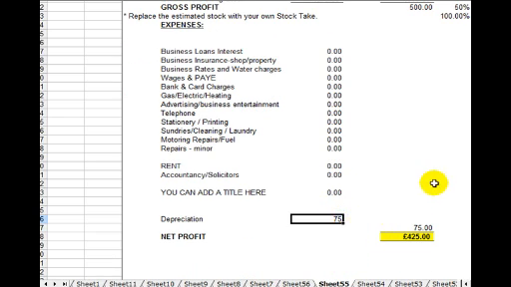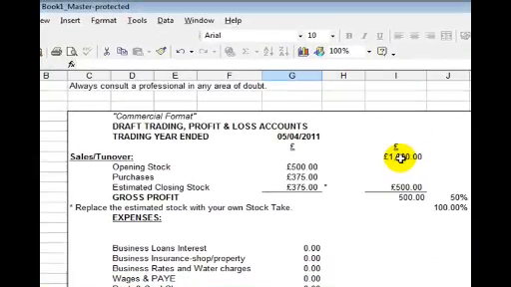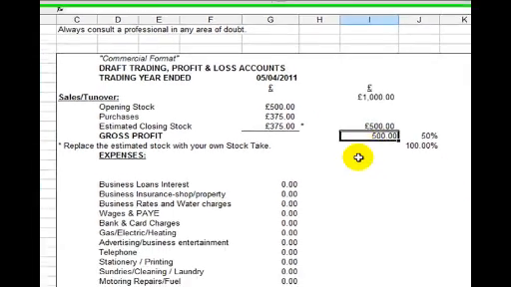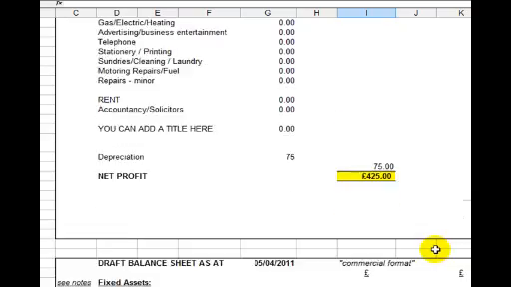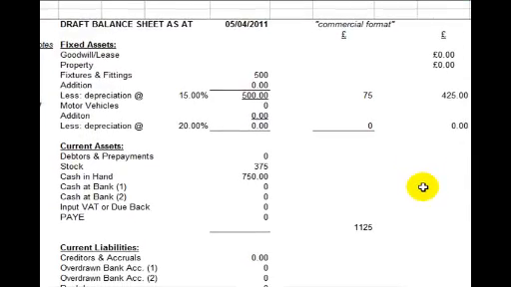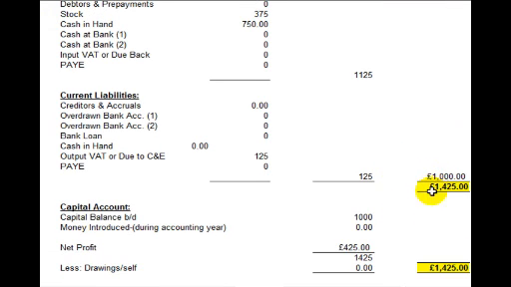And the depreciation charge is from that fixture and fitting that we put down earlier, if you remember, of £500, and there's a charge of £75 as depreciation, and so we made a profit of £425, as you can see here. 1,000 minus the 500 leaves us £500, and then take away the 75 gives us 425, and the balance sheet here below us.